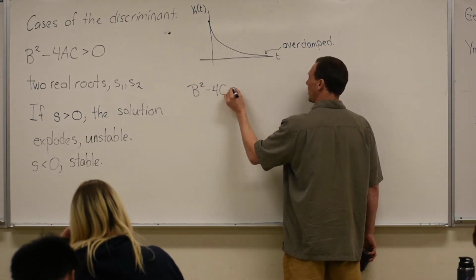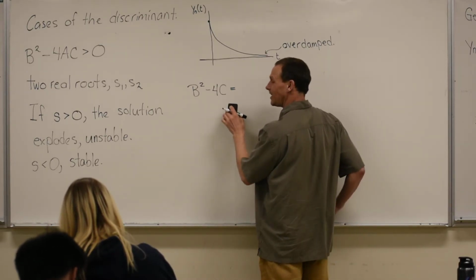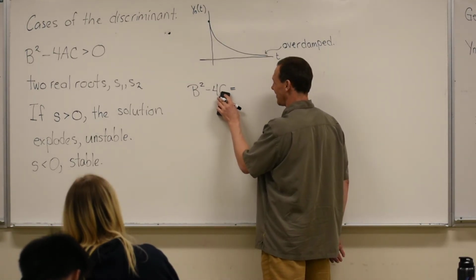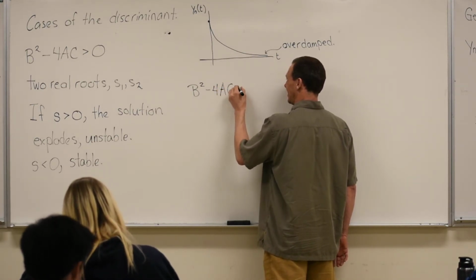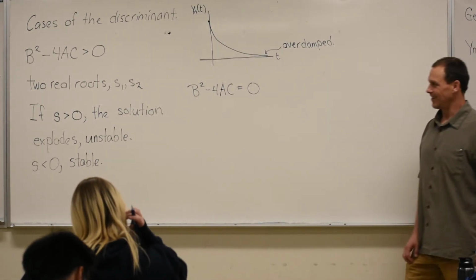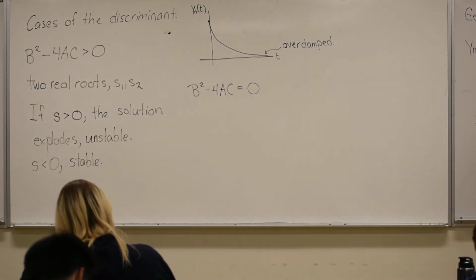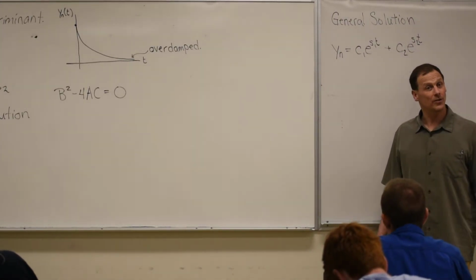The next case is b squared minus 4ac equals 0. Okay. What happens here? There's one solution, isn't there?